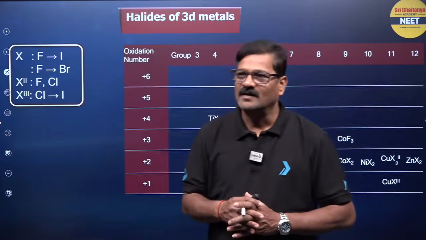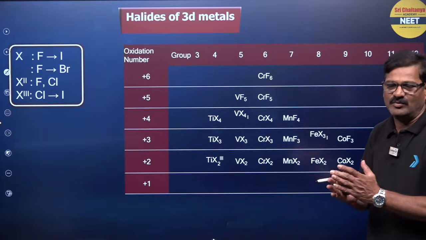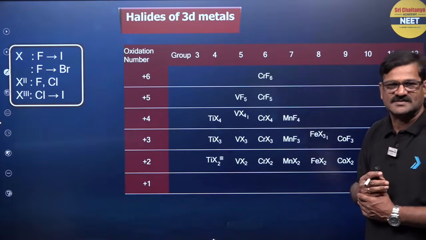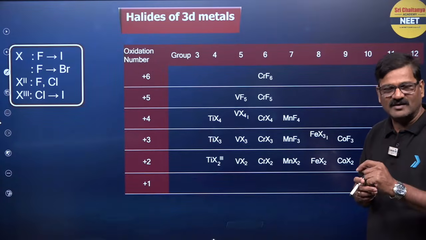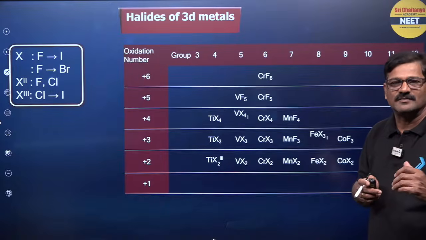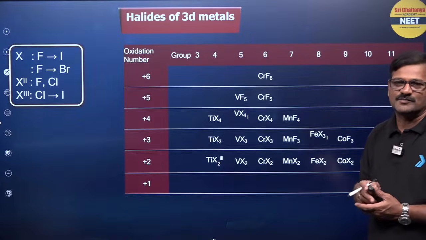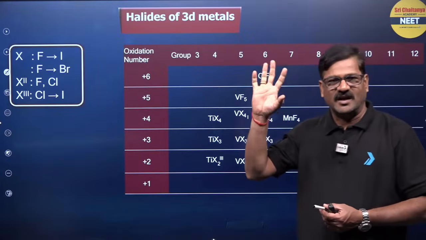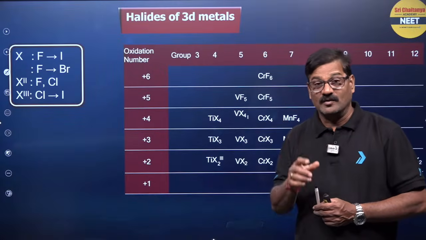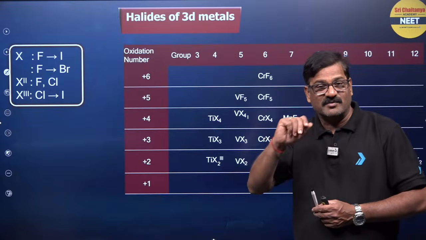Absolutely no. Now, you can see a metal can have its highest oxidation state when that metal is combined with oxygen or a more electronegative element like fluorine. Fluorine, of course, is more electronegative. It can take the metal to its highest oxidation state. When the metal binds with oxygen, oxygen can form multiple bonds, pi bonds.